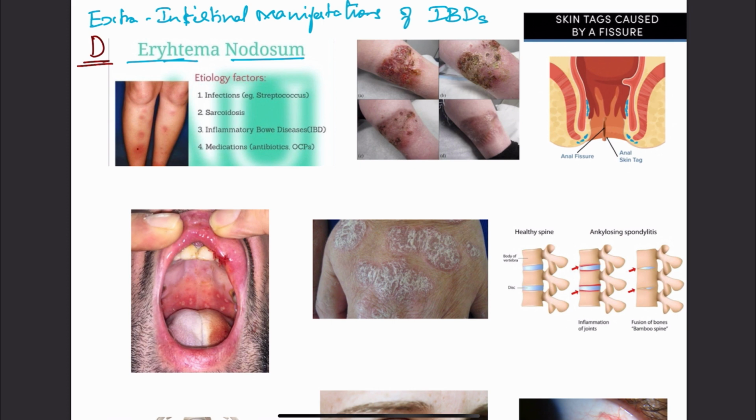You can see these dark patches over the shin of a girl, right? So this usually occurs in case of Crohn's disease, which is an inflammatory bowel disease.